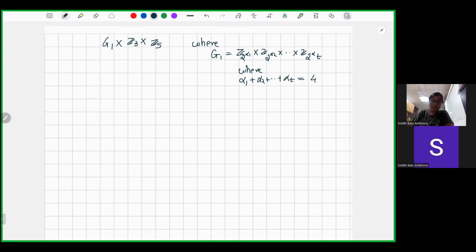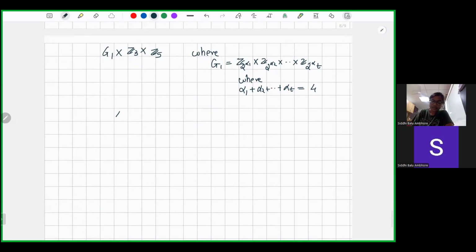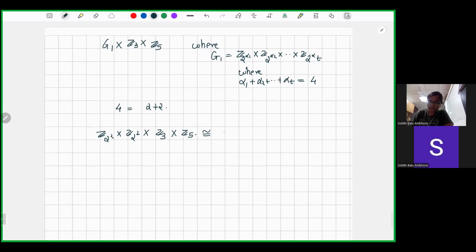Z4. So what is partition of 4? I can have partition of 4 to be 2 plus 2 such that I get this Z2 square cross Z2 square into Z3 cross Z5, right? And then this will be isomorphic to Z4 cross Z4 cross Z3 cross Z5.